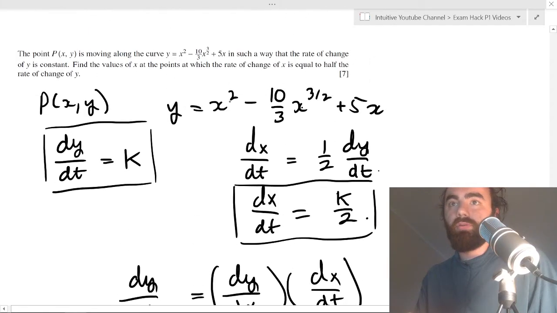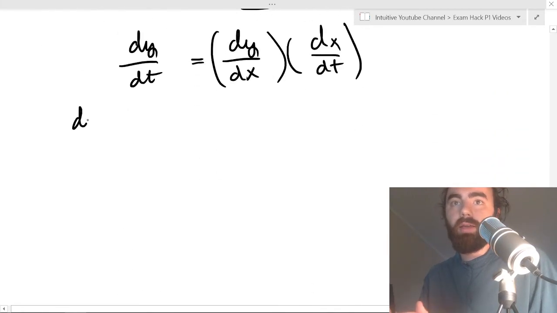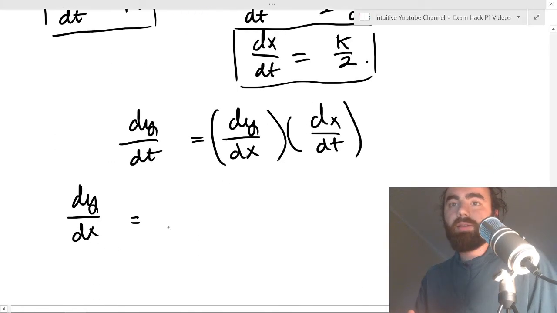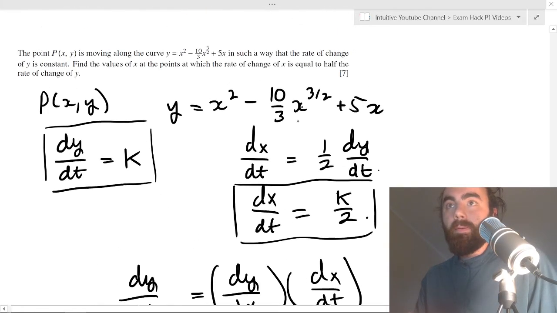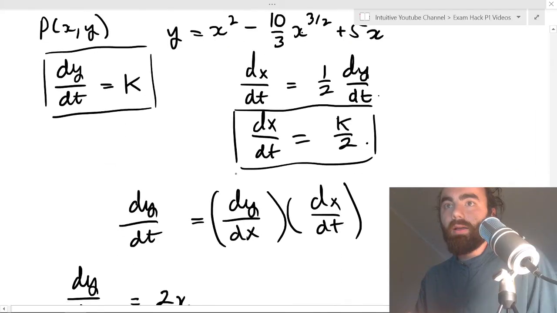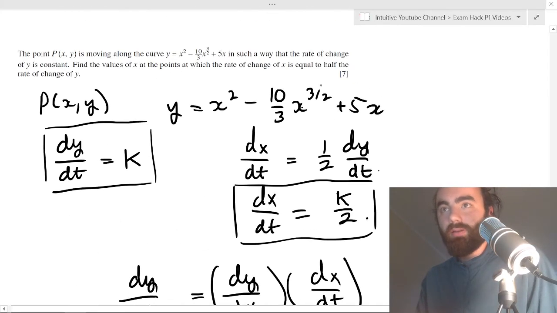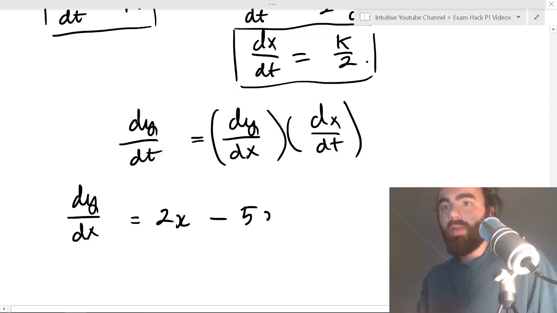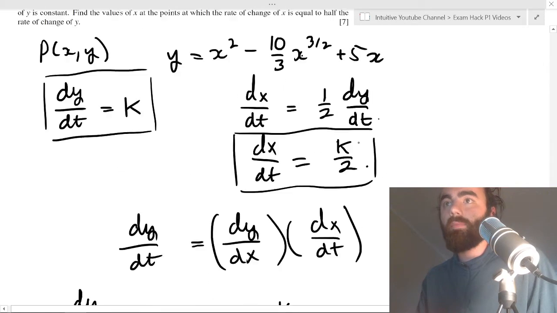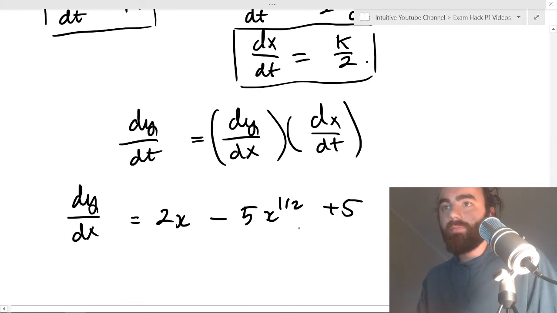Well, if we substitute all these things in, let's find our dy by dx. So dy by dx equals 2x minus, times by 3 down here will give us 10 over 2, which is 5 x to the half, plus 5.